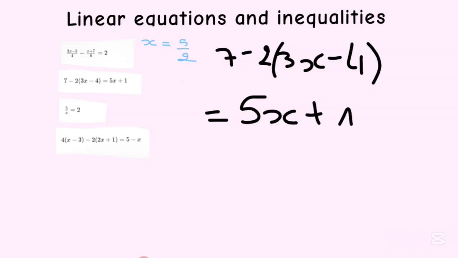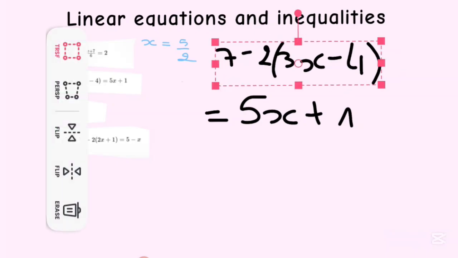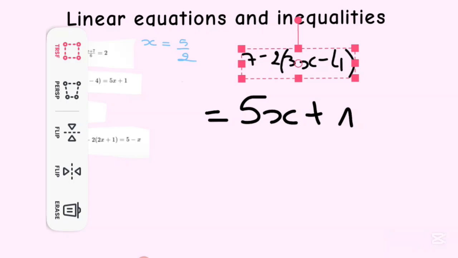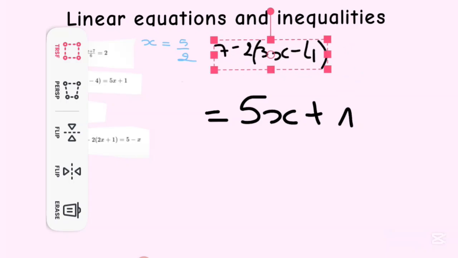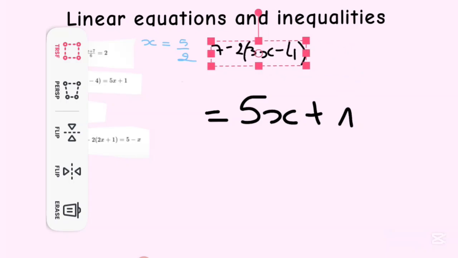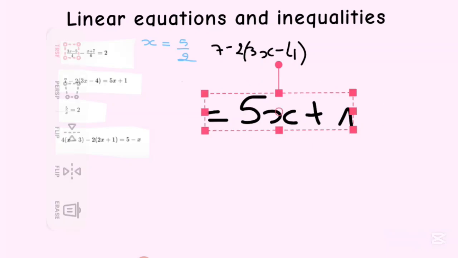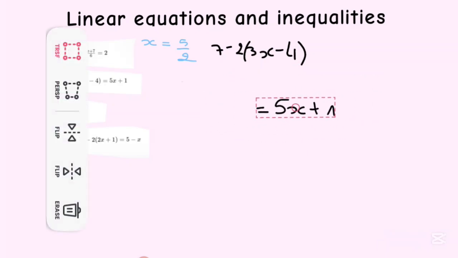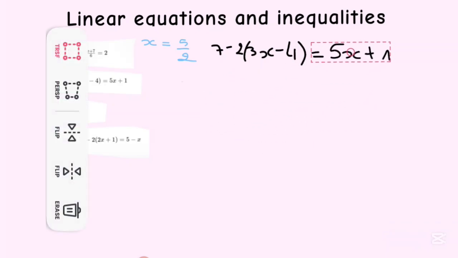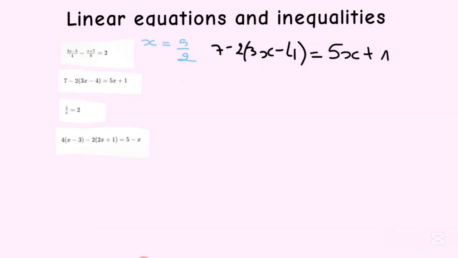The second equation is 7 minus 2 times (3x minus 4) equals 5x plus 1. In this case, what you do first is obviously expand the 7 minus 2 times (3x minus 4).